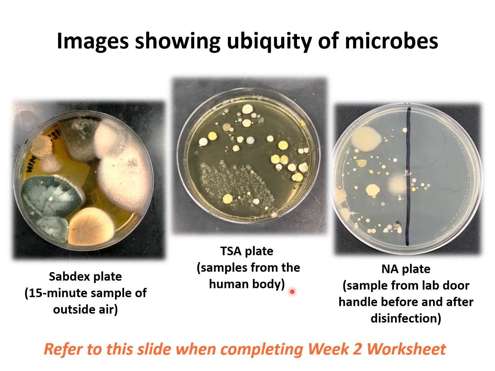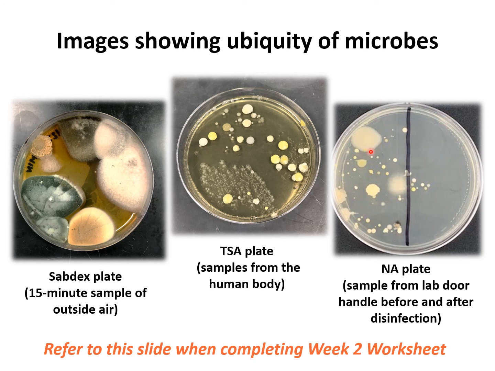And again, they took samples from the human body, okay? This plate right here, it's a nutrient agar plate. The reason why it's divided in half is because right here they sampled a doorknob, and then right here they sampled the same doorknob, but after disinfecting the doorknob using bleach.